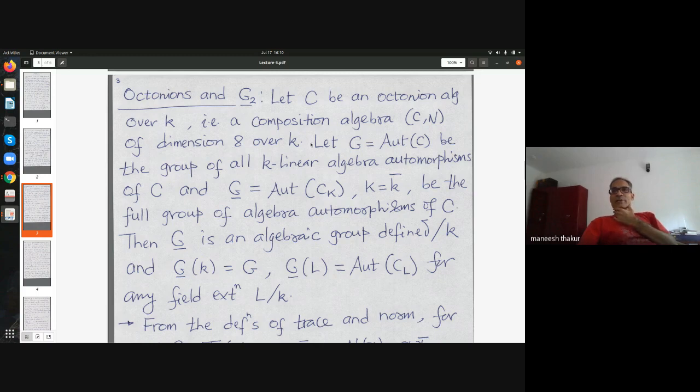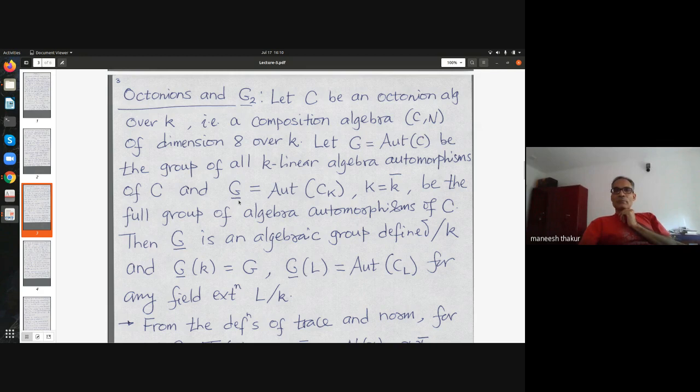Let's denote by G the group of automorphisms of C, the abstract group of automorphisms of C. So these are K-linear algebra automorphisms. And by G lower bar, I want to denote the full group of automorphisms of C_K, where C_K is C tensor K bar. So this is the algebraic group that we have been talking about. This is K-rational points of G bar by our definition.